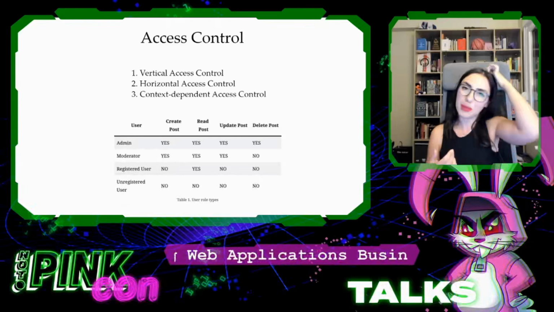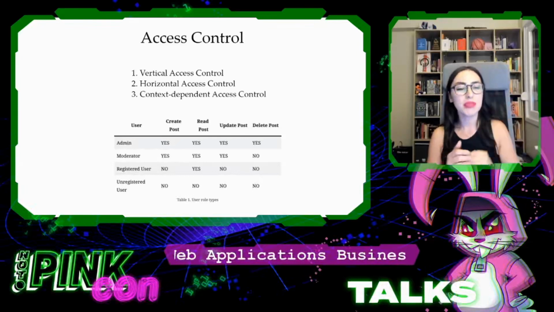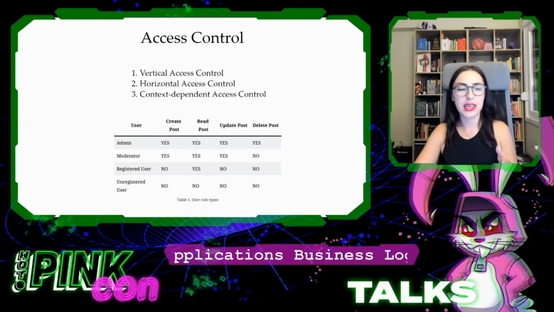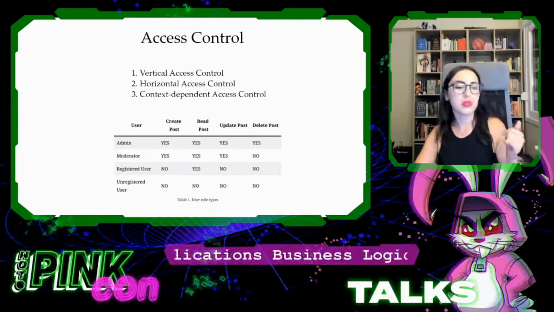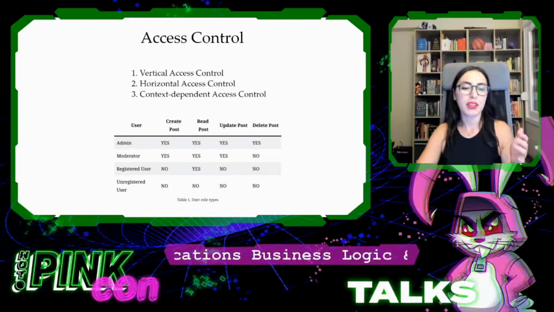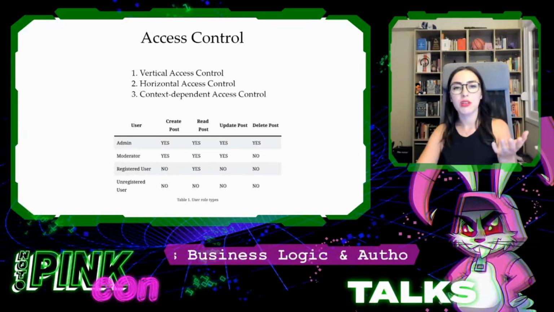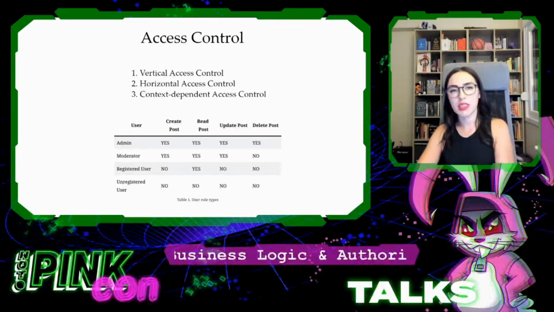What am I talking about? For example, in our systems, as you can see in the table, we have a registered user, and our registered user only has access right to reading a post in our systems.